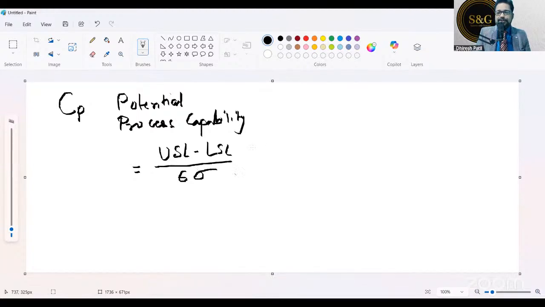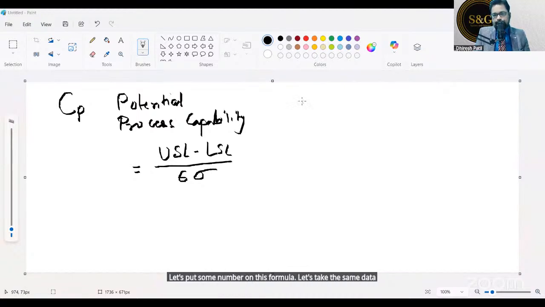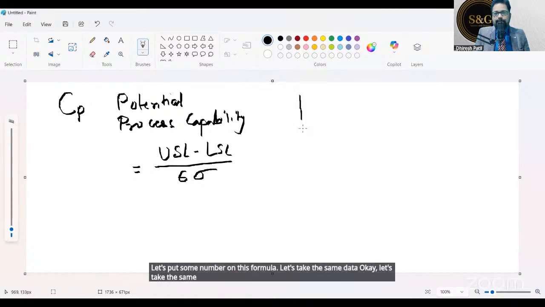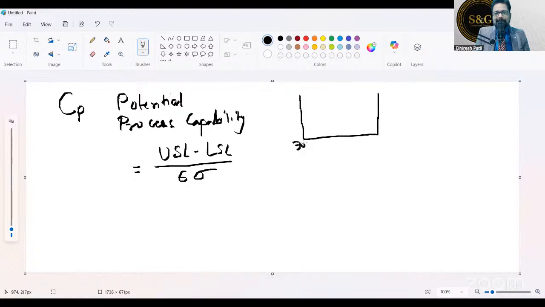Have you written this? Just give me yes in the chat box. Let's put some numbers on this formula. Let's take the same data of our 70 degree centigrade and 90 degree centigrade.